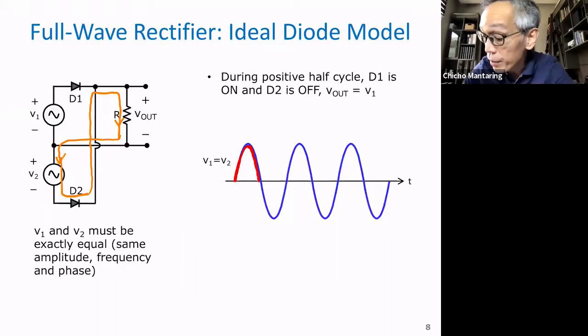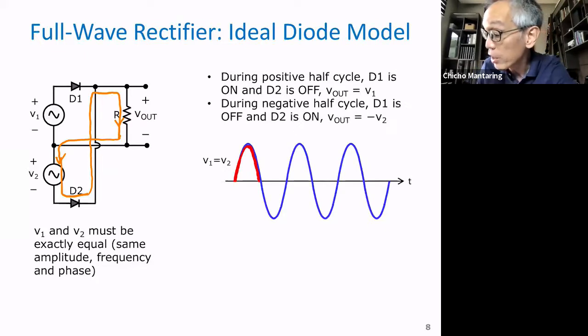What is V out? If I do a KVL around this loop, you're going to see that the negative terminal of V2 is connected to the positive terminal of V out, and the negative terminal of V out is connected to the positive terminal of V2. In other words, during the negative half cycle, V out is the negative of V2.